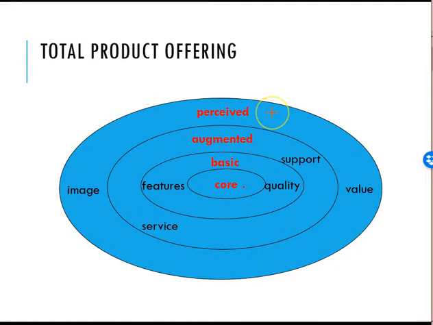And then you have the most abstract version of the product, which is the perceived product, which is a combination of everything from the consumer's image of the product's brand to the company to the value, etc. So it goes out from the more tangible in the middle to the least tangible part of the product offering in the outer rings.